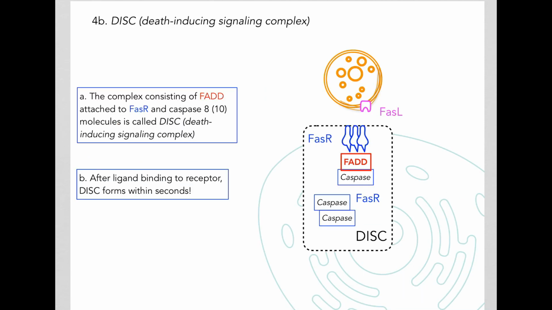Now this complex of the receptor, the FADD, as well as the caspases, is called the death inducing signaling complex, or DISC, which we also saw in the last video. Once the ligand binds to the receptor, this forms very quickly, within seconds.